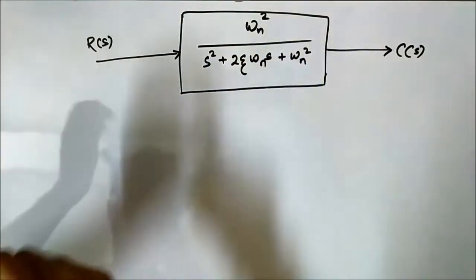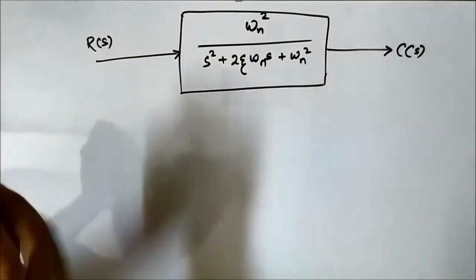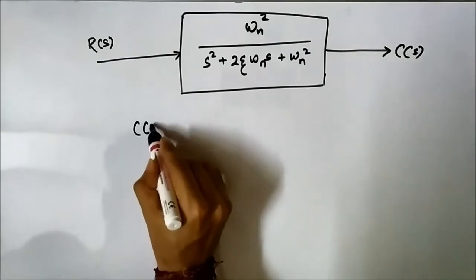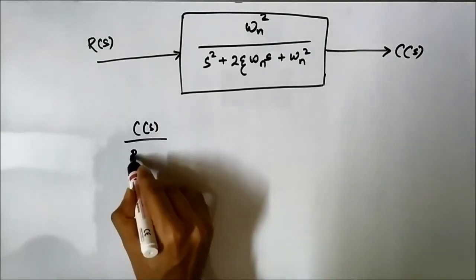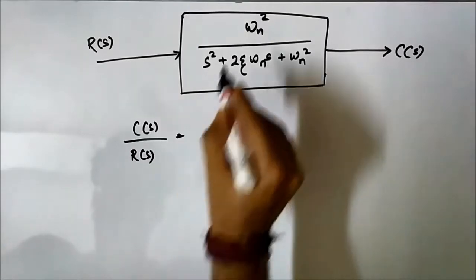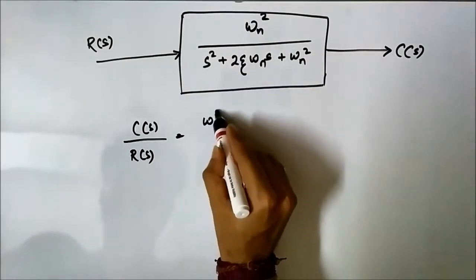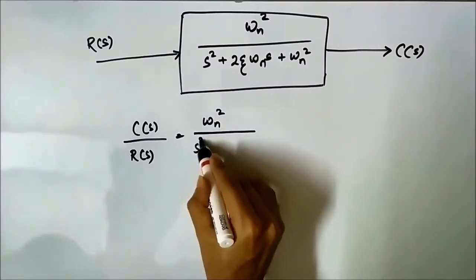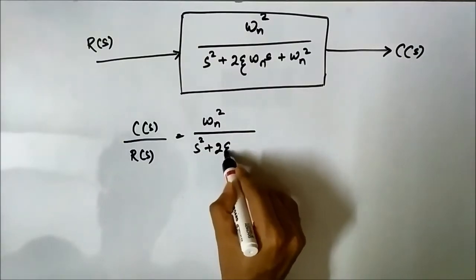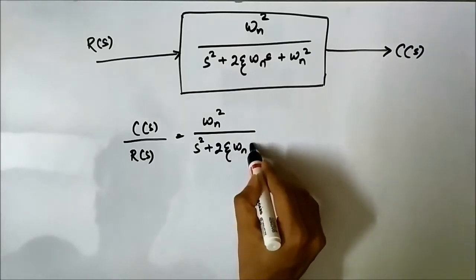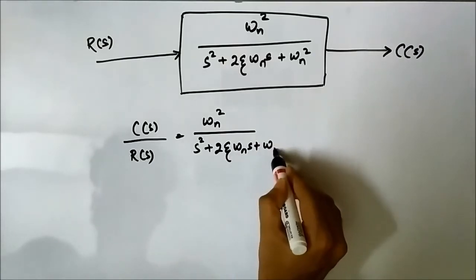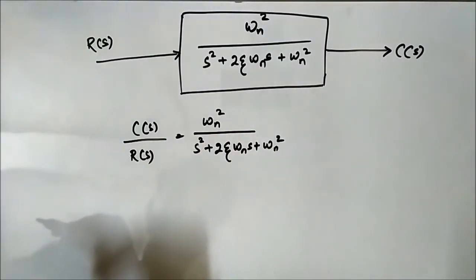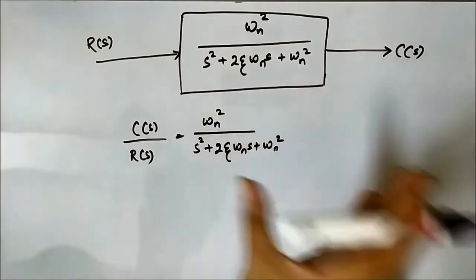We know this is the closed loop transfer function for a second order system, output by input: the Laplace transform C(s) by R(s) is equal to omega n square, where omega n is the natural frequency of oscillation, divided by s square plus 2 zeta omega n s plus omega n square. This is the closed loop transfer function.